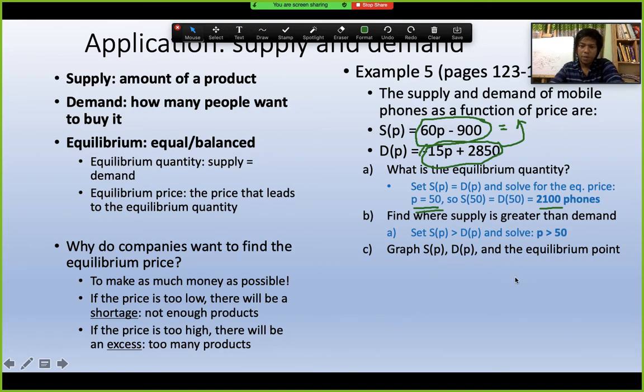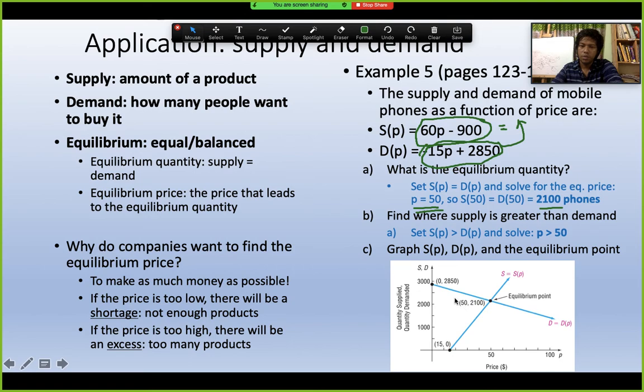Now graph S of P and D of P to find the equilibrium point. If you draw it, you will see that the functions intersect at a point, and that point is the equilibrium point. This is the S of P graph, this is the D of P graph. How do you graph it? You put some values of P here, then plot it.